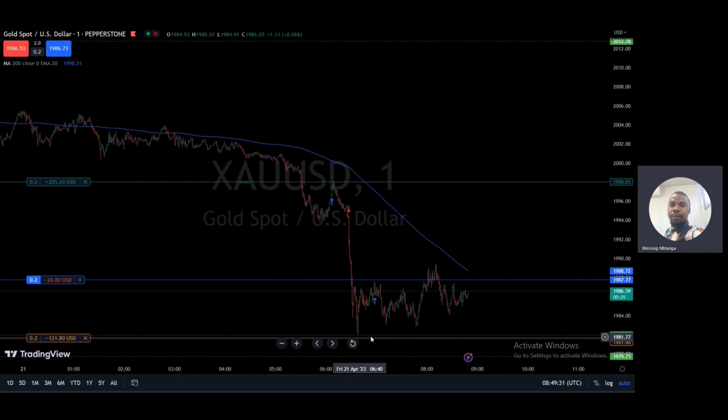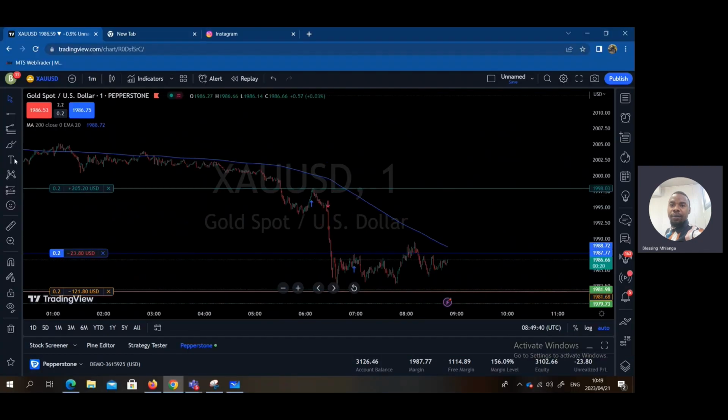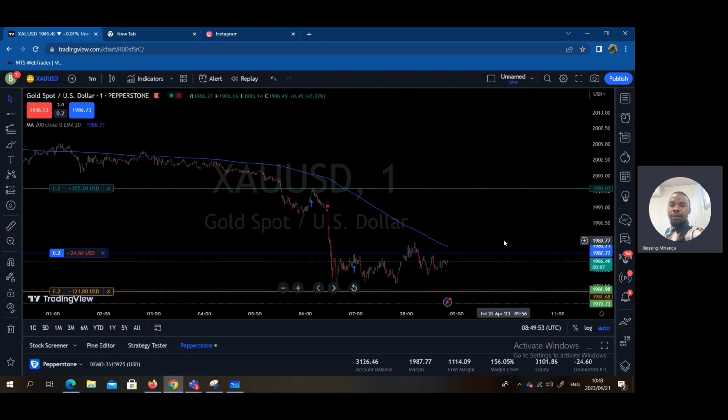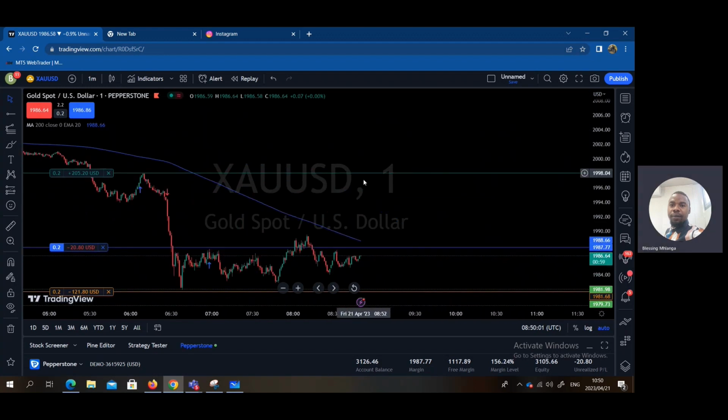I was expecting this to be a bounce, at least give me a nice retracement up to these levels here, where I stand to make a profit of about $205. And if we measure that in pips, that would be exactly 100 pips. I normally take very short trades, 50 pips, 100 pips, then I'm out of the market. That is my daily profit target. Okay, so if I can get this trade, I'll be very happy.